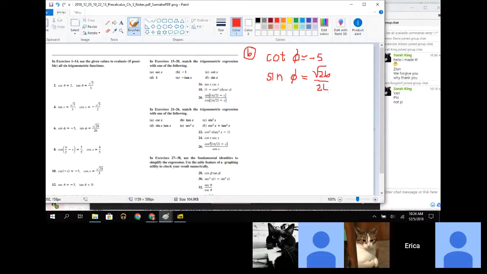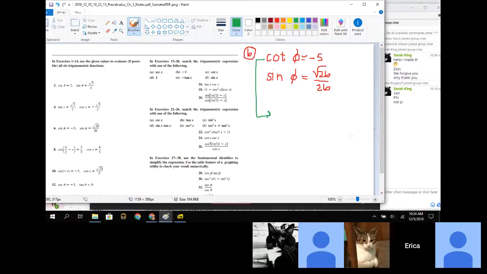Okay, so this is the original problem. We have the cotangent of phi equals -5, and the sine of phi equals the square root of 26 over 6. So we have 2 out of 6 functions, right? The easiest ones to do are going to be the reciprocal functions.